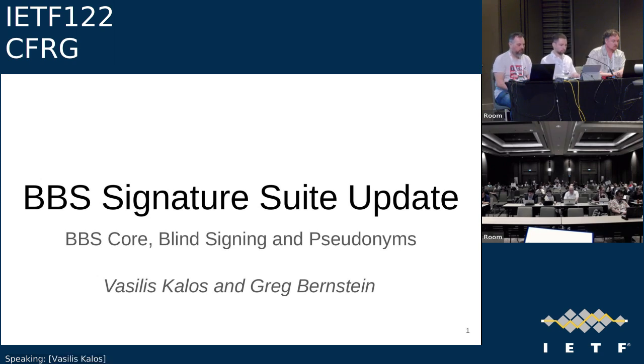So, hello everyone, my name is Vasilis. I'm going to talk about the BBS signatures related documents. First of all, let me thank Greg, who made most of these slides.